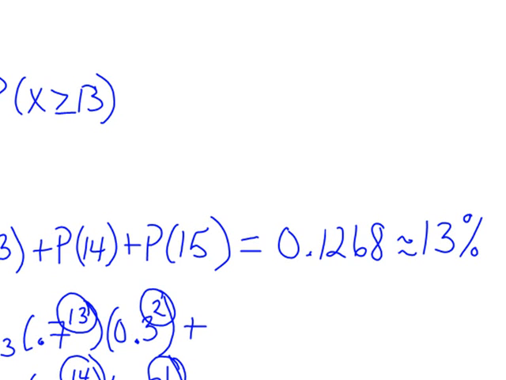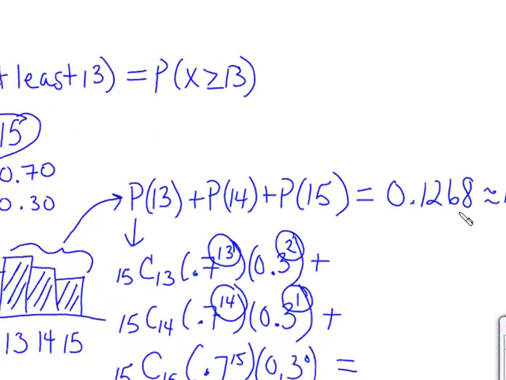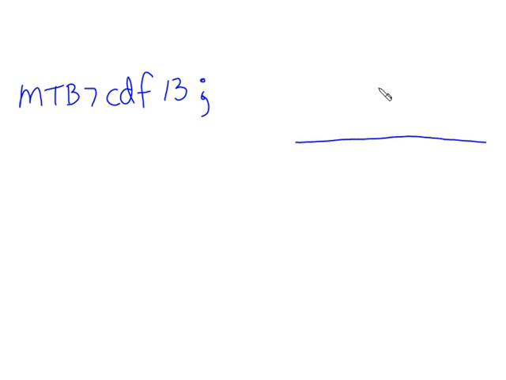Now in Minitab, what you need to realize is because this is a cumulative probability, we will need to use the CDF command. So in Minitab, we'll use the CDF command, but what we don't want to do is just put in CDF of 13, because for a visual for you, what CDF of 13 gives you is the following.